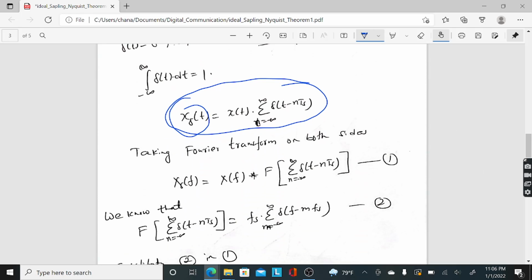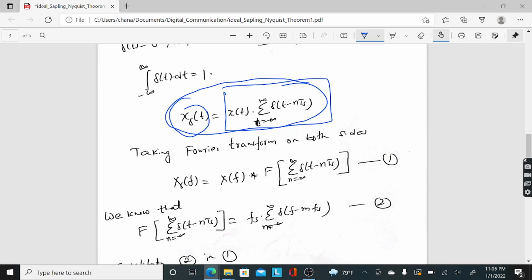We derived this yesterday, and we'll take the Fourier transform on both sides. So x delta of f is equal to, now on the right-hand side I have a multiplication of two functions. We all know the convolution property of the Fourier transform, where multiplication in the time domain maps to convolution in the frequency domain and vice versa.